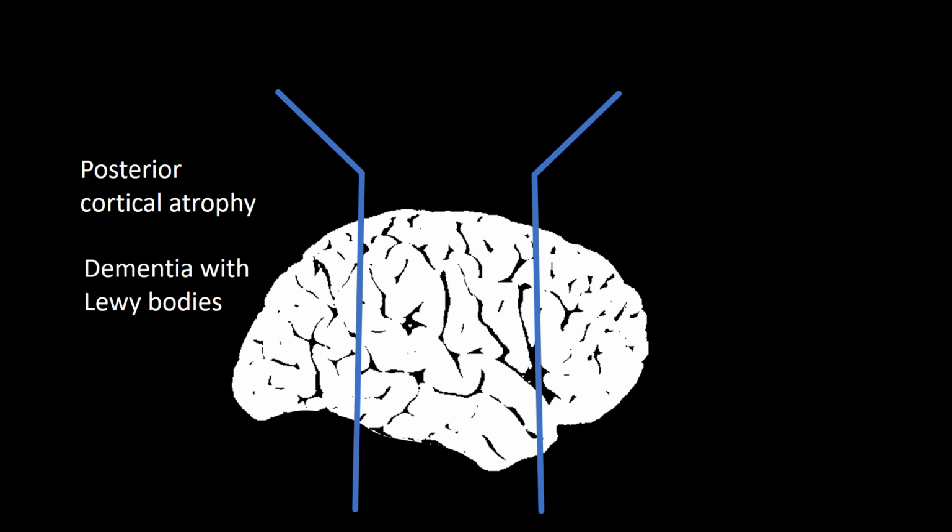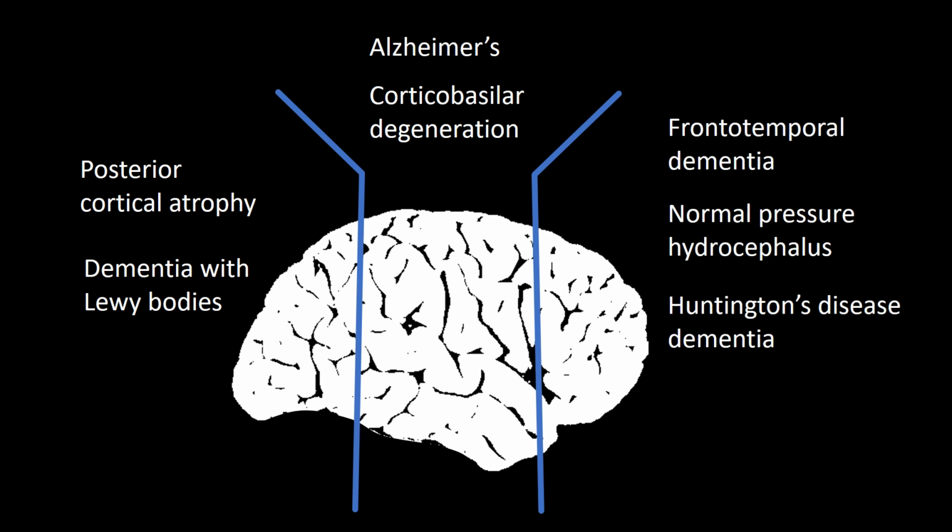If we take a brain and divide it in thirds, we can adjudicate the different types of dementia, preferably involving the posterior region, such as posterior cortical atrophy and dementia with Lewy body. In the parietal temporal region, AD and corticobasilar dementia, and in the frontal region, frontotemporal dementia, normal pressure hydrocephalus, and Huntington dementia.